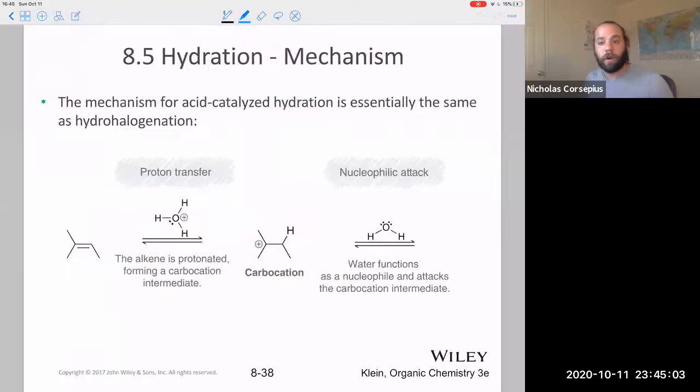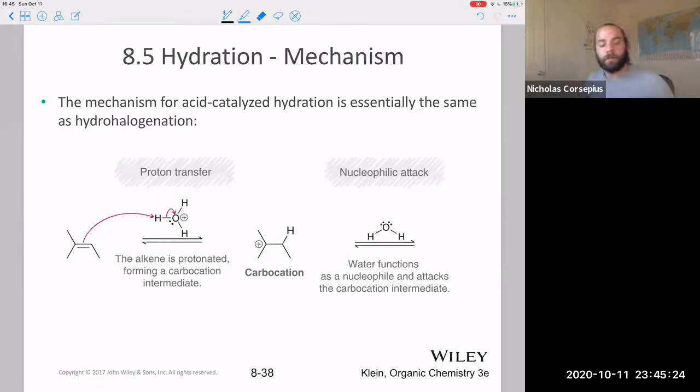So very similar to what we saw with our strong acid, HBr, HCl, HI, hydroiodic. The first step in these reaction mechanisms is our double bond is playing the role of a base. So that means our double bond is going to reach out and grab that acidic proton.